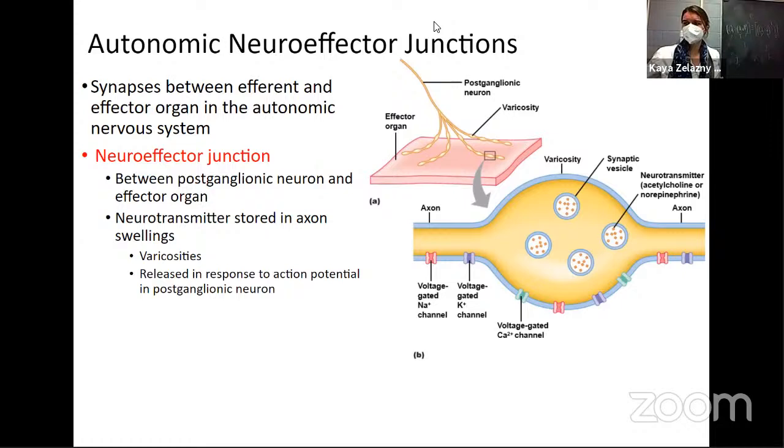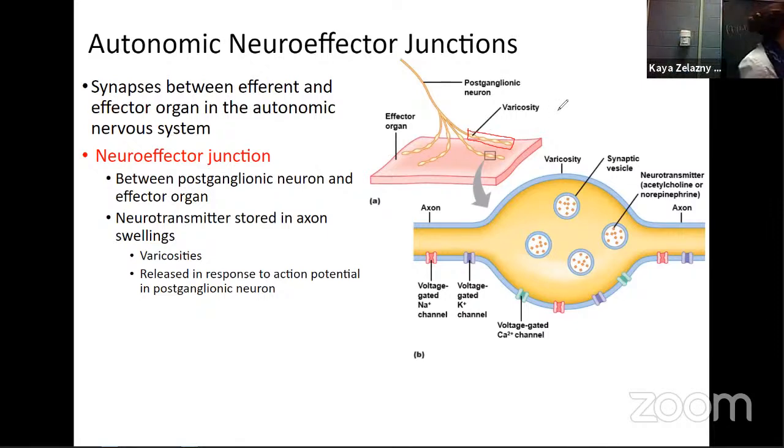The main difference that we're going to see is that rather than coming from an axon terminal, we have these special structures called varicosities in our postganglionic neuron. Basically the end of a postganglionic neuron looks like a hand with these weird spaghetti fingers spreading over the affected organ. So it's a diffuse, spread out effect.